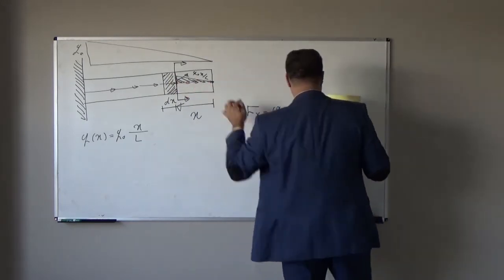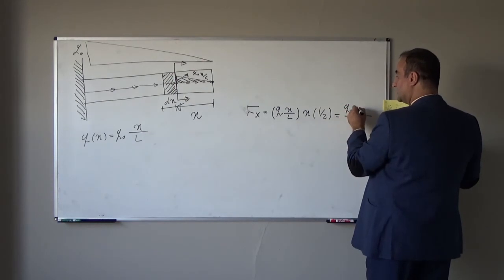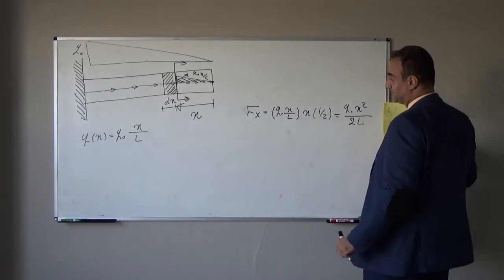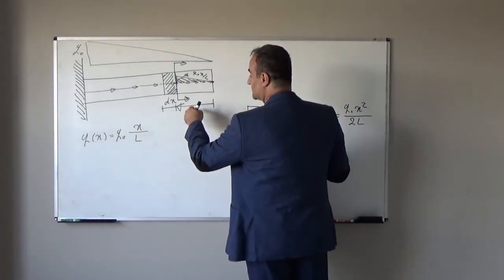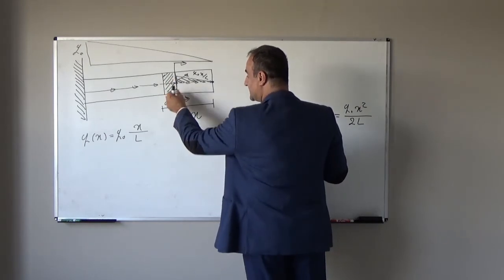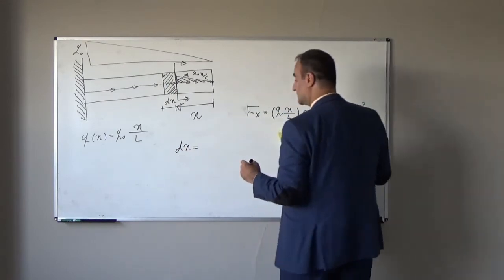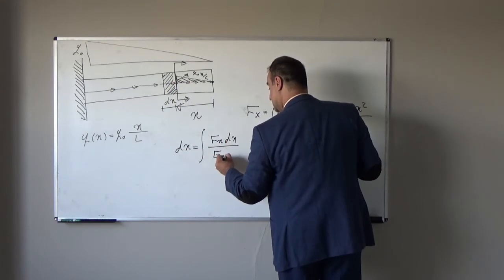Area underneath of this triangle will be Q naught x squared over 2L. Now, this axial force is effective on this element, so delta will be equal to integration of fx dx over EA.